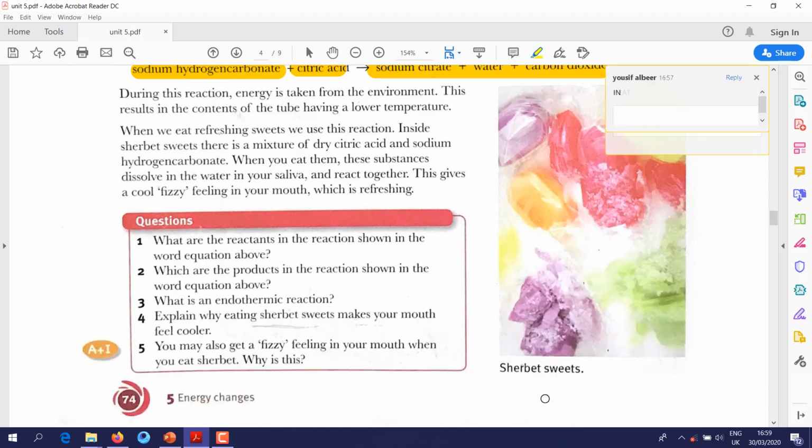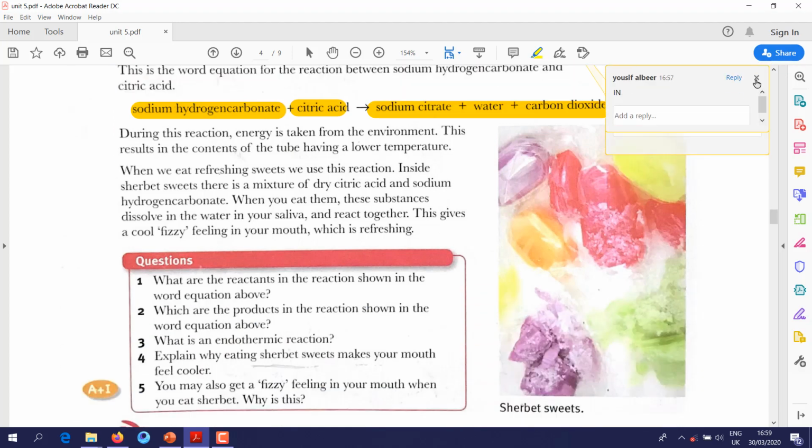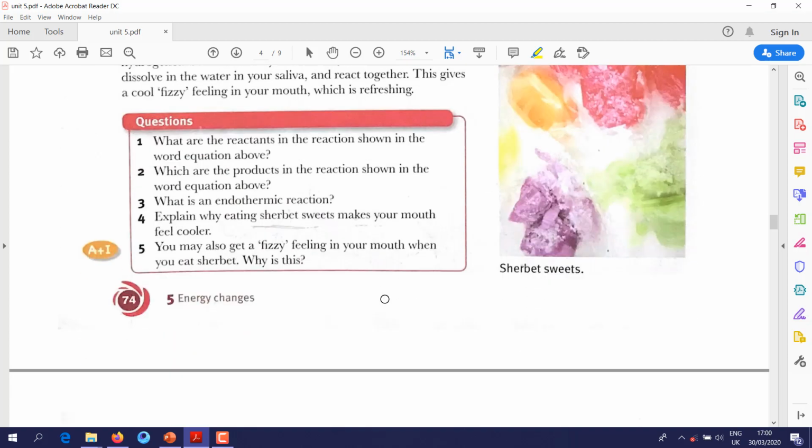It's like a sherbet sweet. When you put this sweet in your mouth, what will happen? You will feel your tongue or your mouth is cold. Why? Because this is an endothermic reaction. It took the heat energy from the surroundings and stored it in.